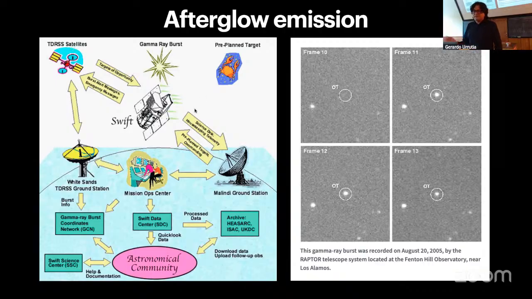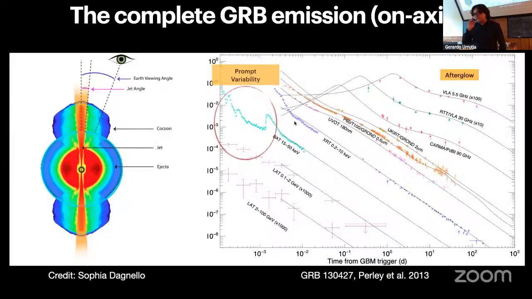So telescopes on Earth, in different frequencies, optical or even radio, point to this source of explosion, and they can follow up the afterglow emission. The afterglow emission is emitted in different frequencies, from X-rays to radio, from the first days after the burst and even some months.